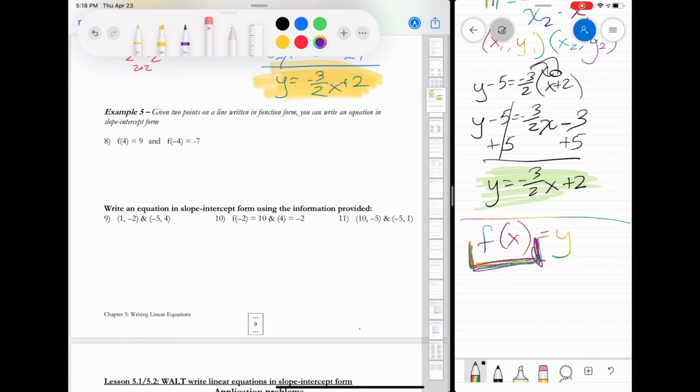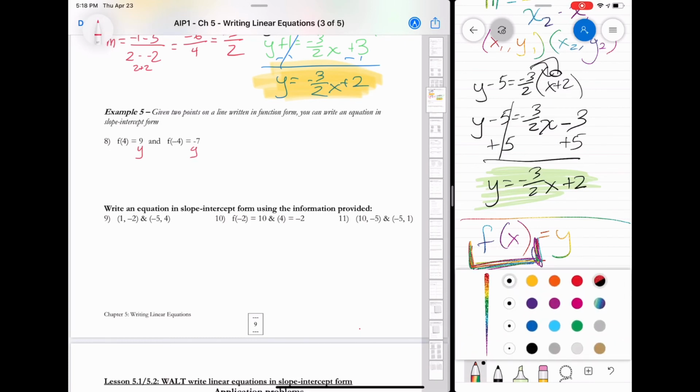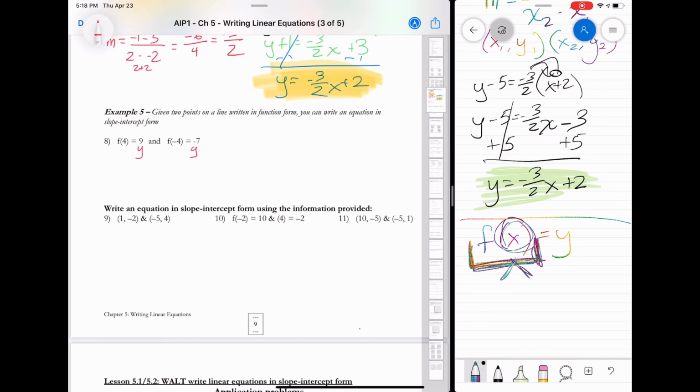All right, cool. This 9 is our y. Great. This -7 is our y. Awesome. So then what's our x? Well, if you thought correctly, right here, it's telling you what the x is. So our 4 is our x and our -4 is our x.